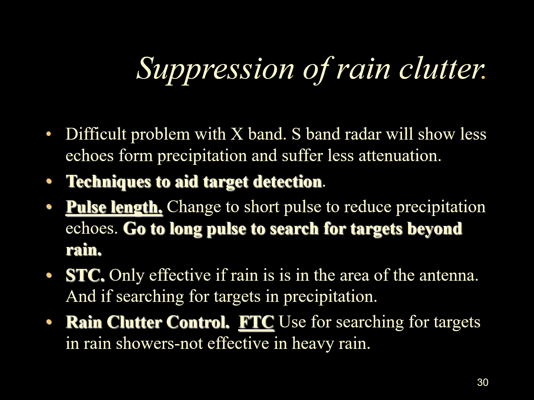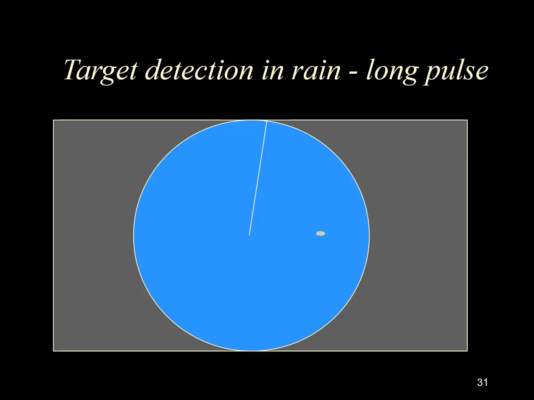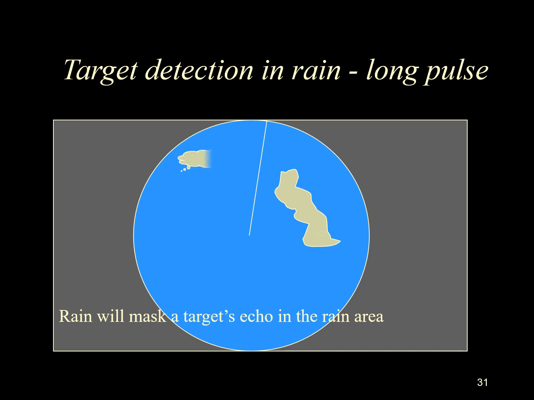A difficult problem, particularly with X-band radar, is suppression of rain clutter. S-band radar will show fewer echoes from precipitation and also suffer less attenuation. There are techniques to aid target detection using the pulse length. Change to short pulse to reduce precipitation echoes.